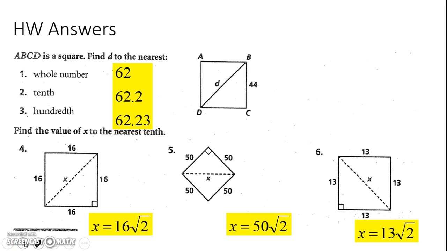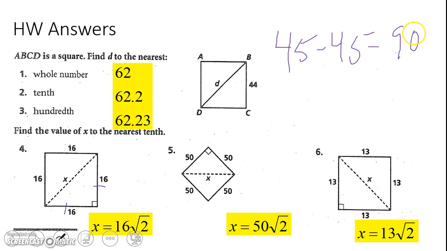So here you go. For 1 through 6, we have our numbers here, 62, 62.2, and 62.23. But when we came down to this other one, number 4, I should recognize, oh, this side is congruent to this side, and it's a right triangle, so that is 45, 45, 90.